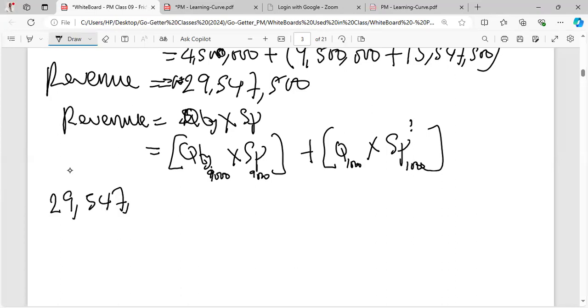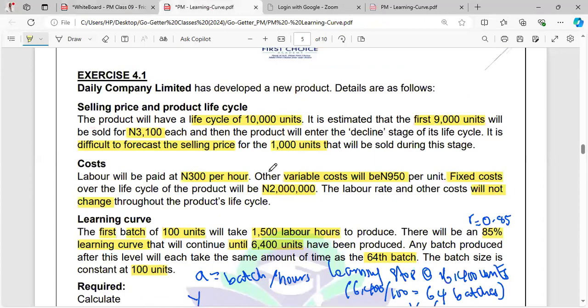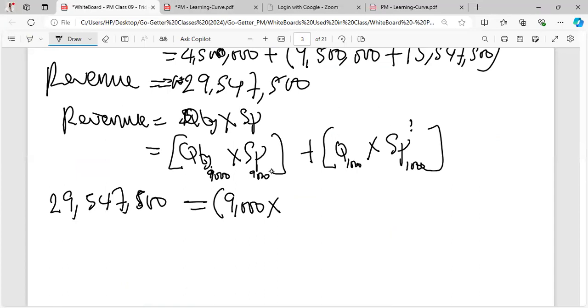Now, it's equal to quantity here is 9,000 multiplied by, we are told that each of them is being sold for 3,100. So the first 9,000 units is sold for 3,100. So you come here, this is 3,100.